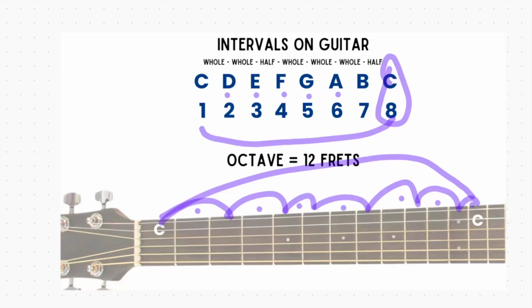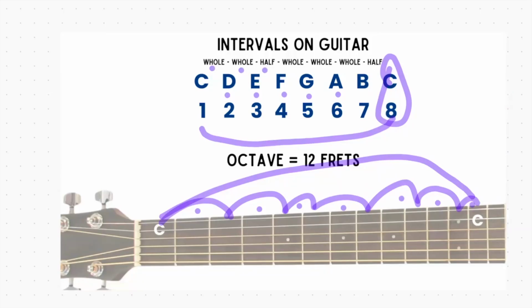When we say eight, we're counting each one of these notes in the scale. But when we say frets, we're counting the frets between all of these notes. A whole step is two, so each whole step is two, four. The half step is one, five.